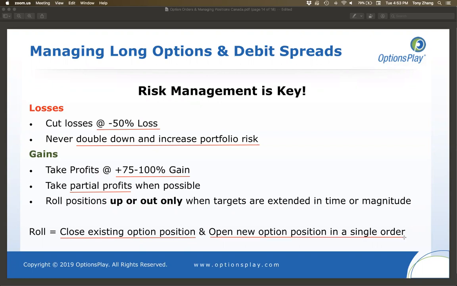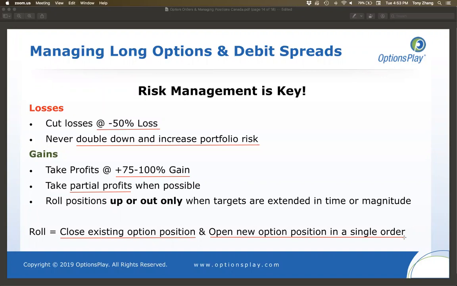So if, let's say, I own the November calls and November is approaching and I want to still remain long that stock, what I want to do now is roll them into a December or a January call. So I'm effectively selling the November calls that I have, and I'm buying December or January calls. Now, if I do both of those things in a single order, that's what we call a roll.